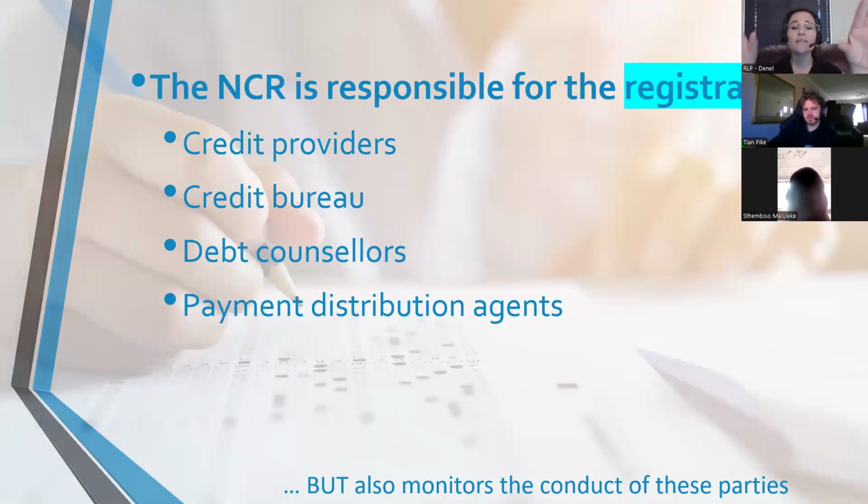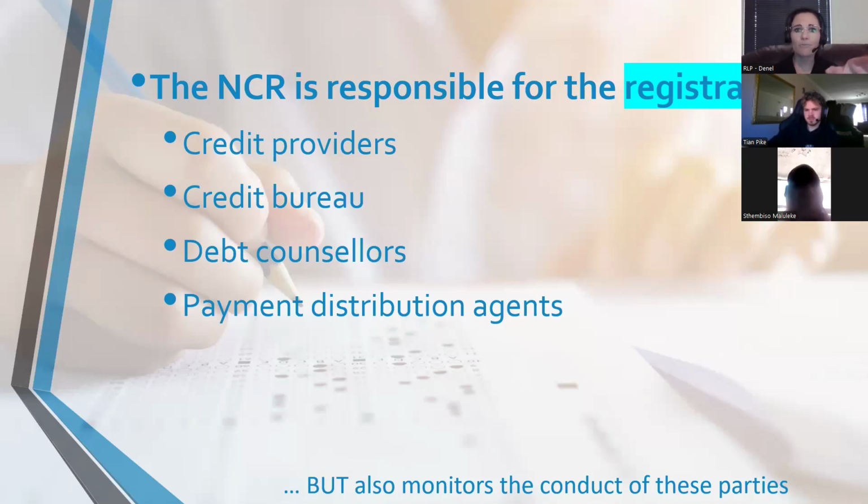Okay. On this page, I highlighted in blue because they do ask this as a question. So they ask you, the National Credit Regulator is responsible for the registration of credit providers, credit bureaus, debt counselors, and payment distribution agents. Okay, what is a credit provider? Easiest way, it's explained in the name.